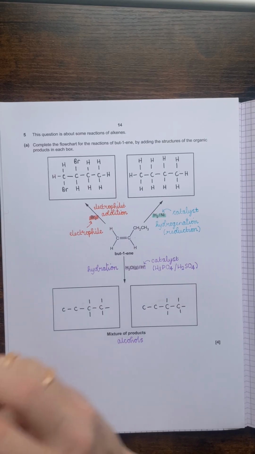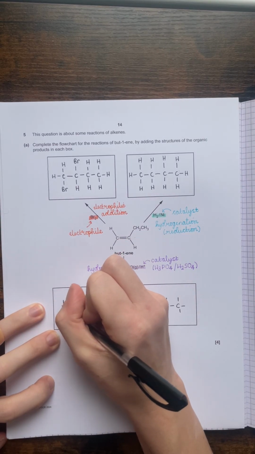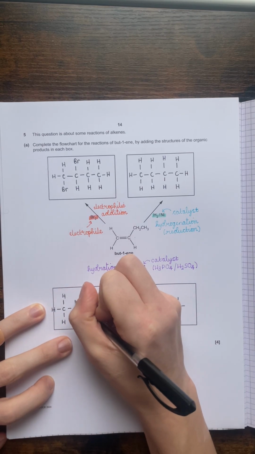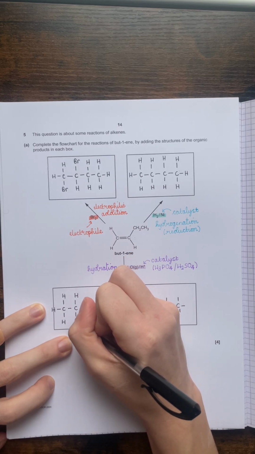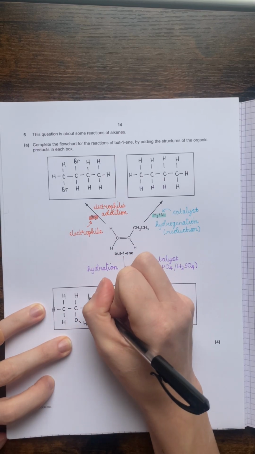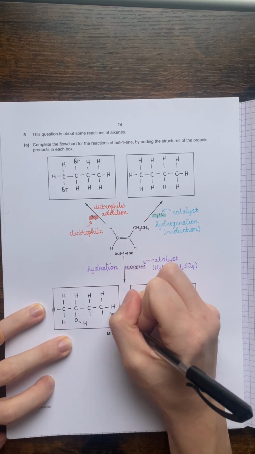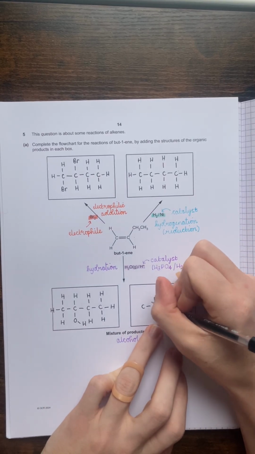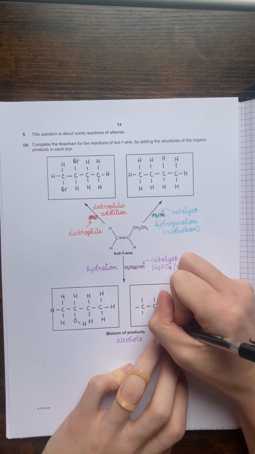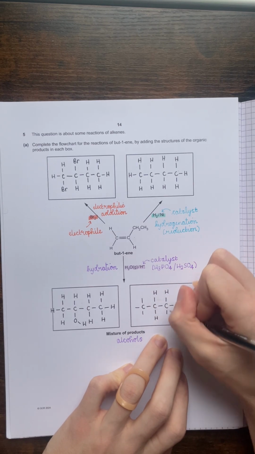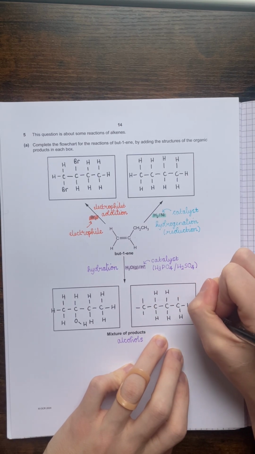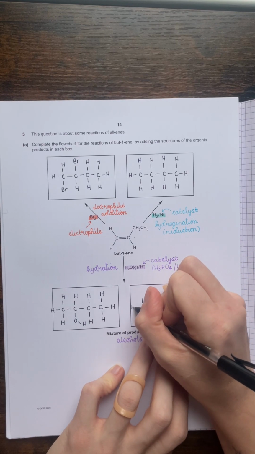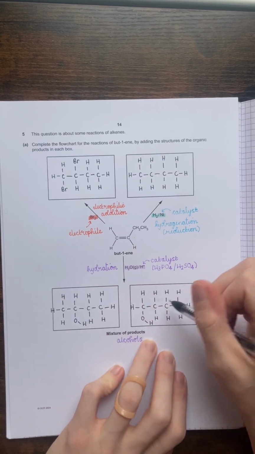And then in one of these, we are going to have the hydrogen being added to the first carbon and the OH going on to the second carbon, like that. That's one possibility, and that would be butan-2-ol. The other possibility is that the hydrogen goes on to the second carbon, and the alcohol group is therefore positioned on the first carbon to give us butan-1-ol.